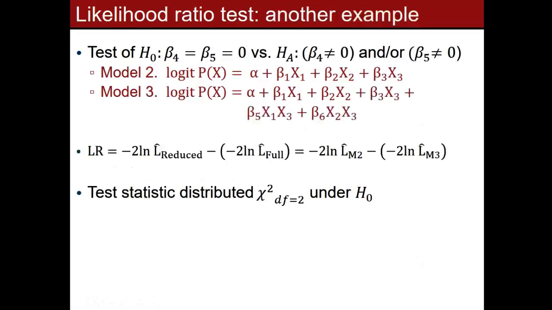So here, again, here's just an example. This is a situation where we're dropping 2 variables at a time. Here's a model that has interaction. Beta 5 and beta 6 represent these 2 interaction terms of x1, x3, and so forth. So a test comparing this model to the model that has just x1 and x2 and x3 is a test of the null hypothesis that they're both equal to 0 versus at least one of them is not 0.